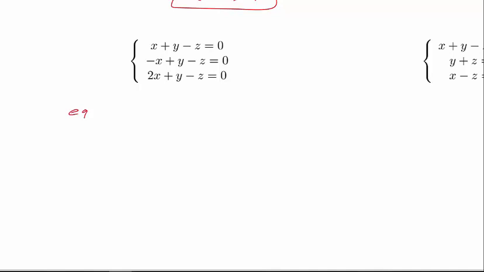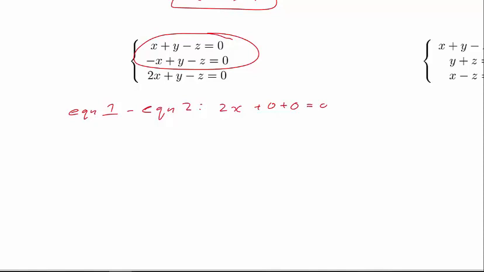First thing we're going to do is take equation 1 and subtract equation 2 from it. When we do that, we get 2x plus 0 plus 0 equals 0, which gives us the simplification that x equals 0.